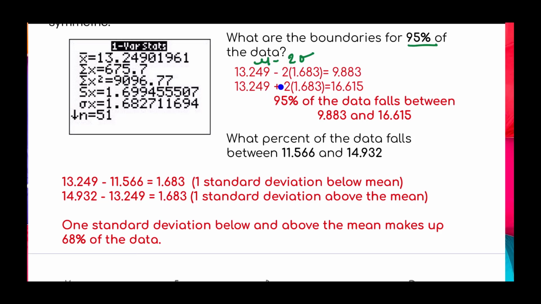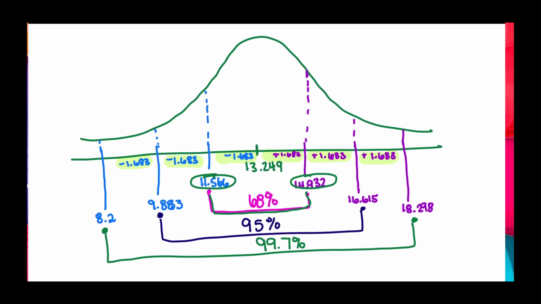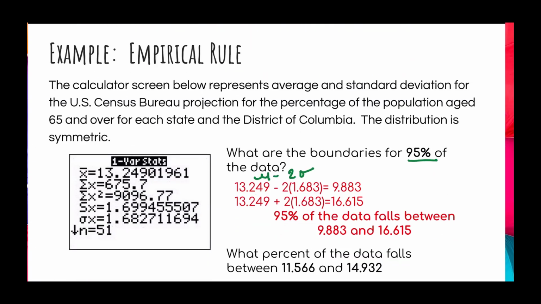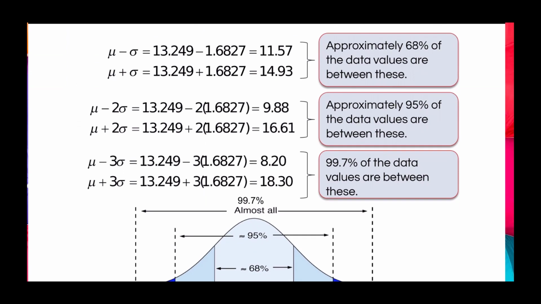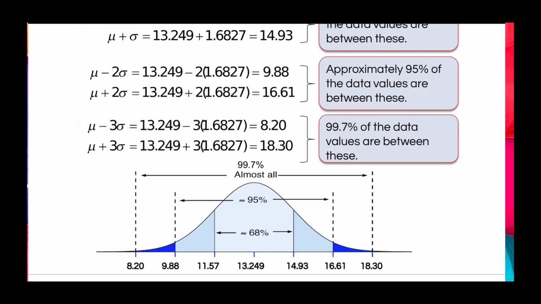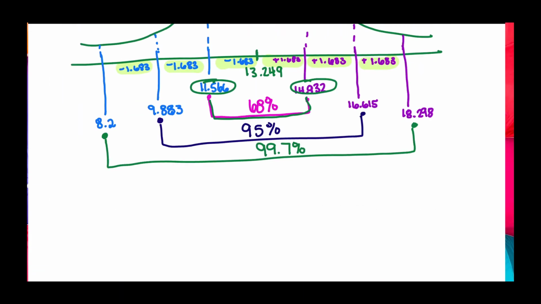And then you do the reverse with addition instead, you get 16.615. So you can use this formula, but I do tell you it is much easier if you draw it out. So that's what I will be doing pretty much from here on out. This is just illustrating the same thing, talking about how you can create it like we did up here.